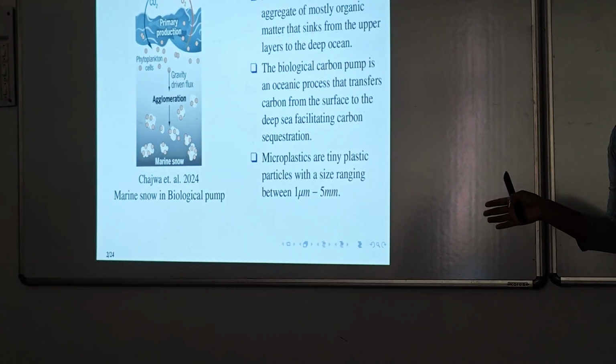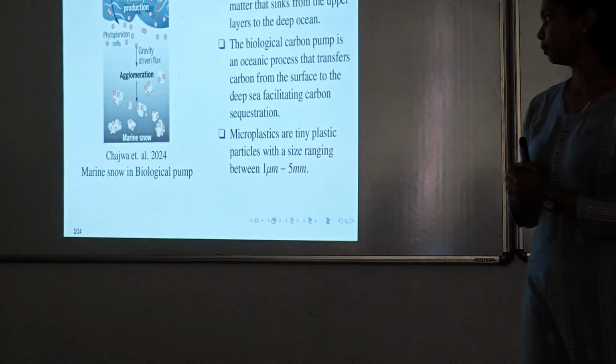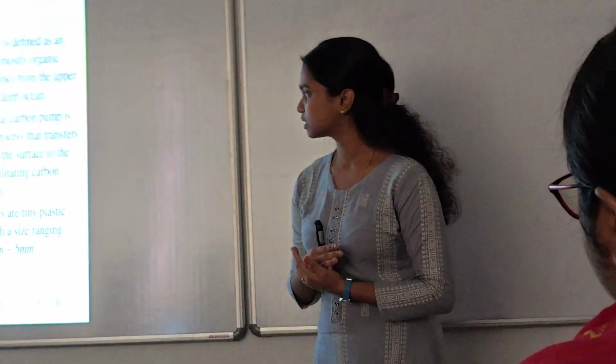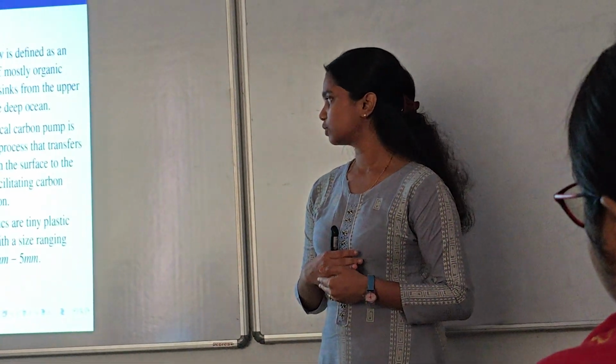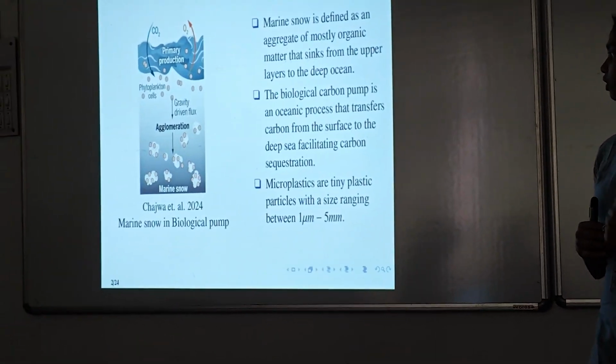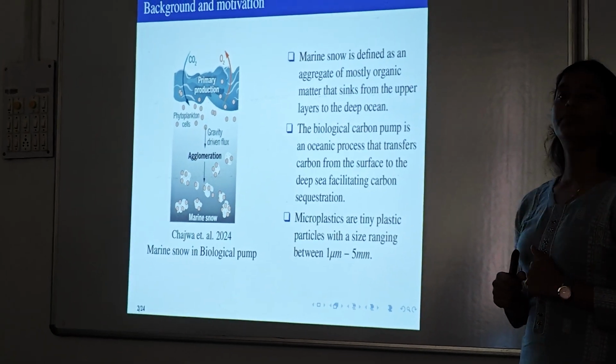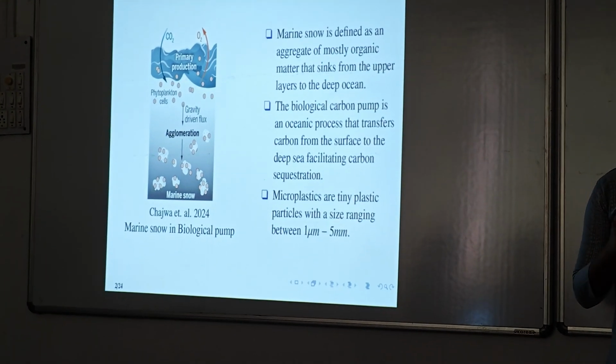specifically, precisely, on microplastics. So what is microplastic? Microplastics are tiny plastic particles with a size ranging between 1 micrometer and 5 millimeters.